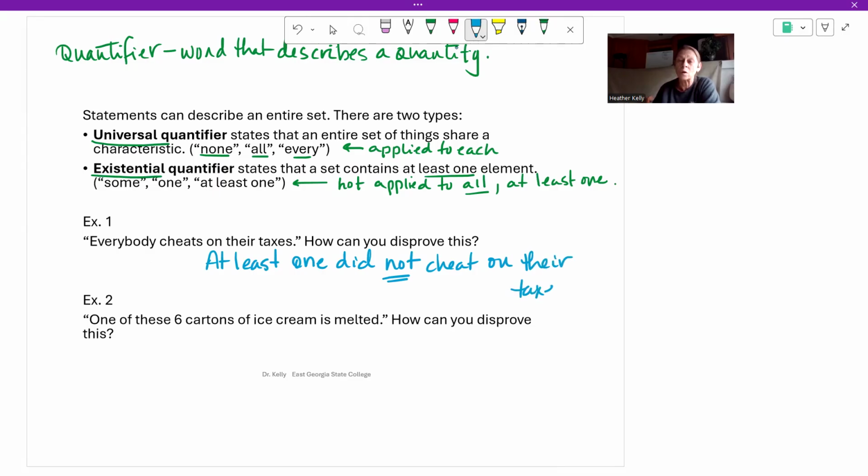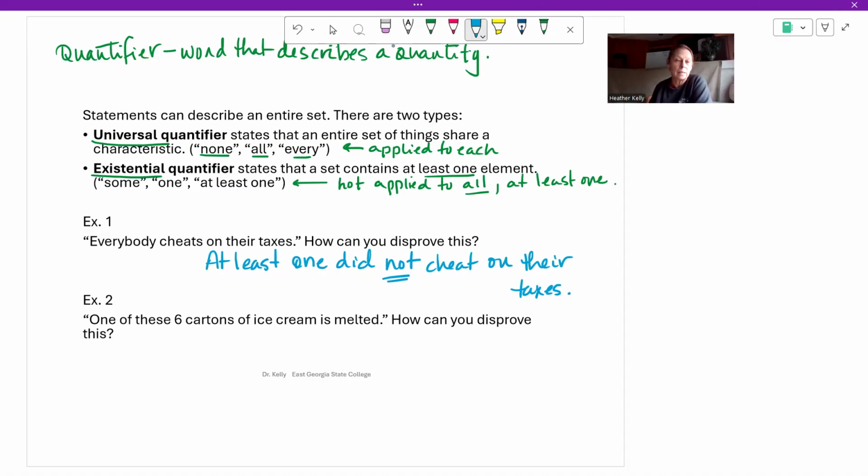It only takes one, right, to do what they say they're not doing. They said everybody cheats. Well, then at least one doesn't cheat. Does that make sense? So you're going to go from a broad everybody to at least one and doesn't do whatever it's saying that they're doing.